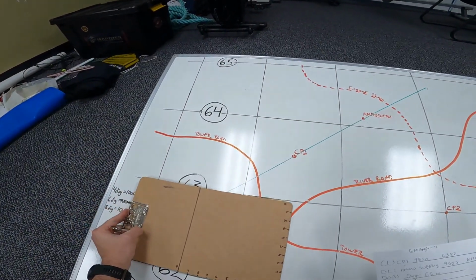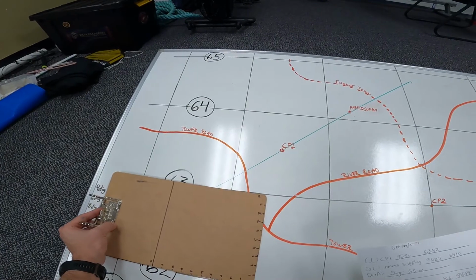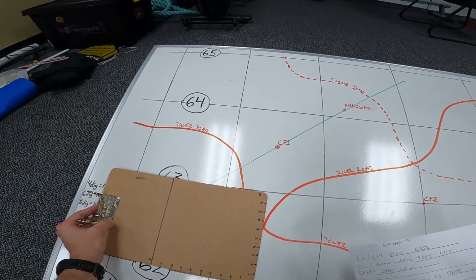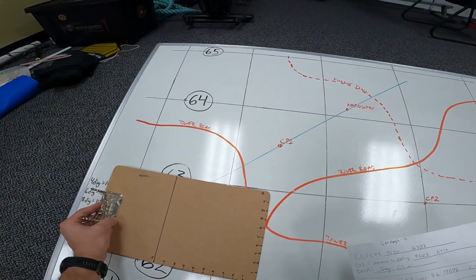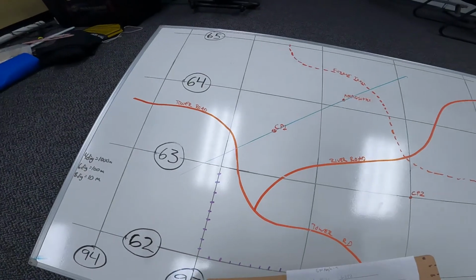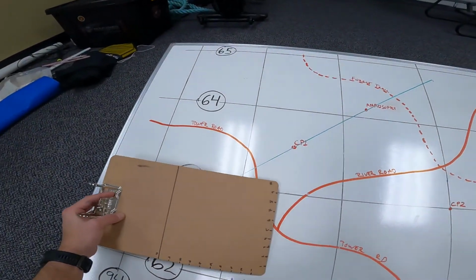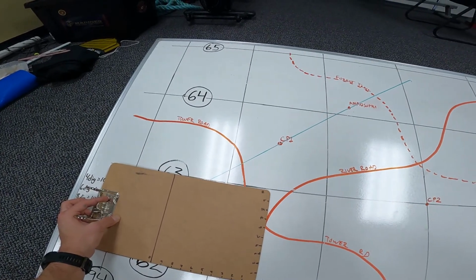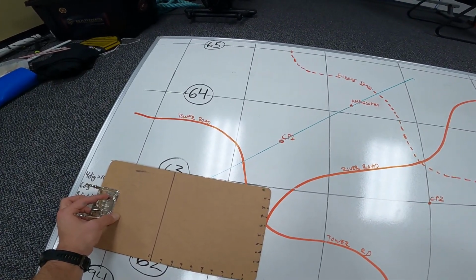So you have 9-5, or 9, 9, 4, 1, 0. Or sorry, 9, 5. 9, 5, 4, 2.